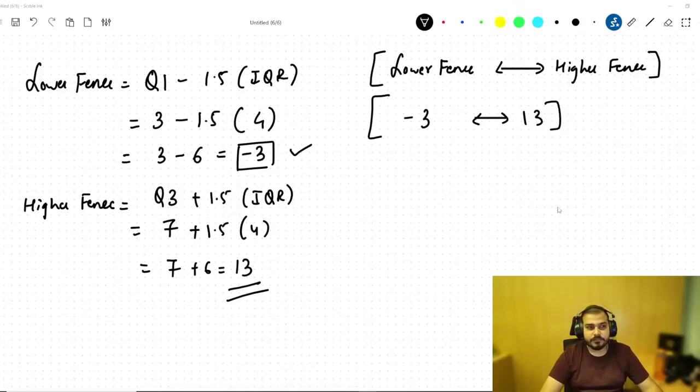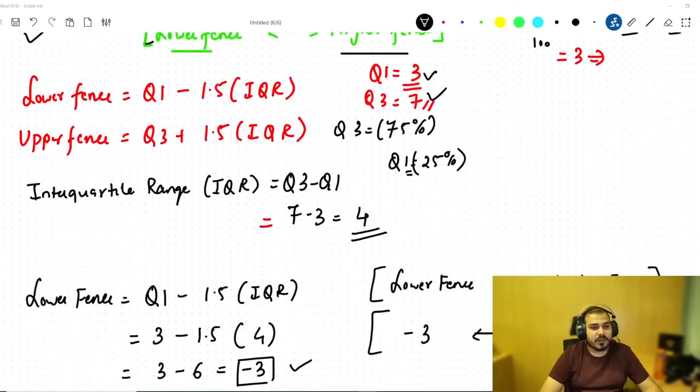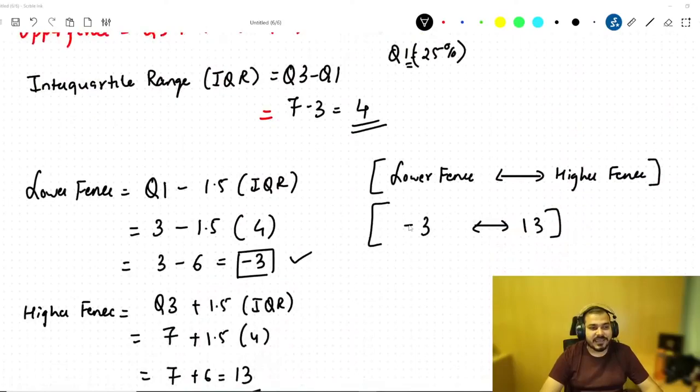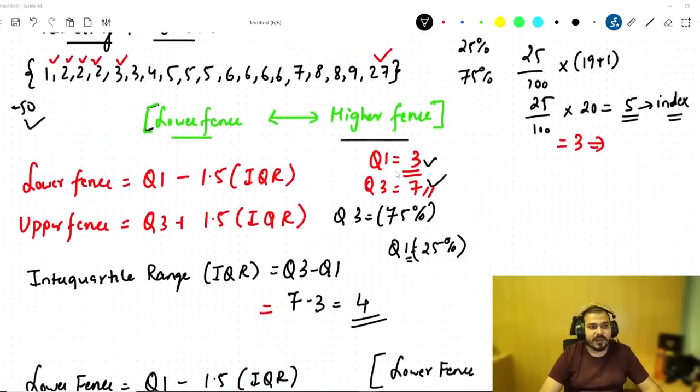Everybody got this? Now tell me which is the outlier from here. Minus 3 to plus 13. Anything that is greater than 13 is considered an outlier. Anything lesser than minus 3 is considered an outlier. So which number should we remove?